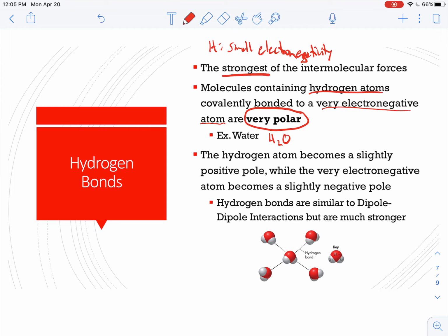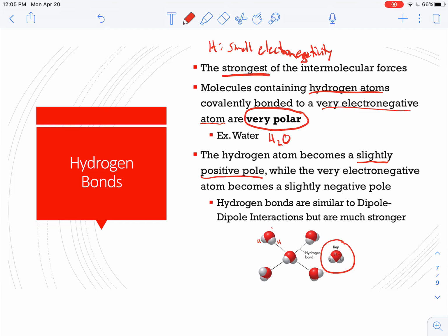So we have the hydrogen atom, because it has a small electronegativity, it's going to become slightly positive. So the hydrogen will form a slightly positive pole. And as we can see down below here in our representation of our water molecule, what we have in gray are going to be our hydrogens.